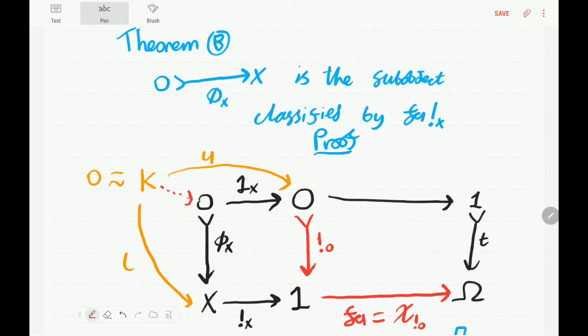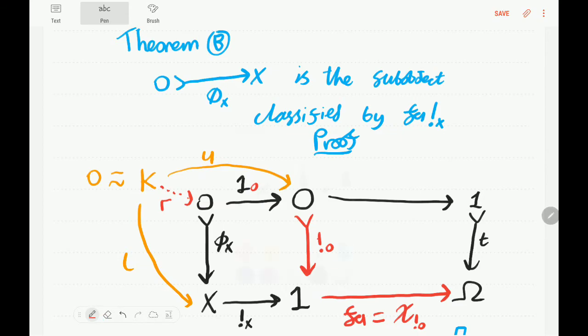And we know that this then makes this top triangle commute because U is just this unique arrow from K to 0, which must therefore be the composition of ID 0 after this unique arrow, which I'll call R.